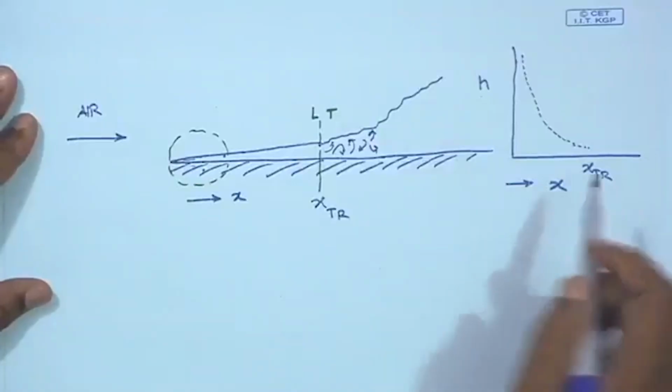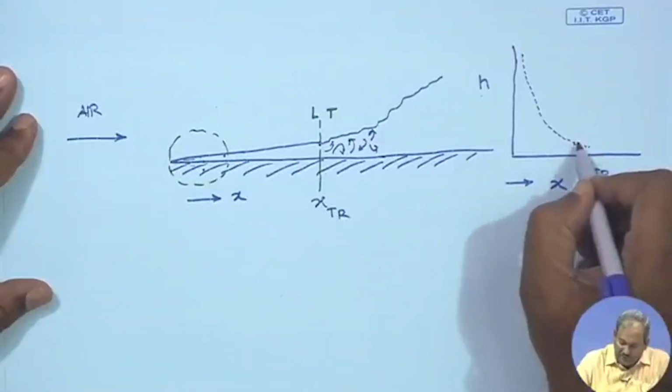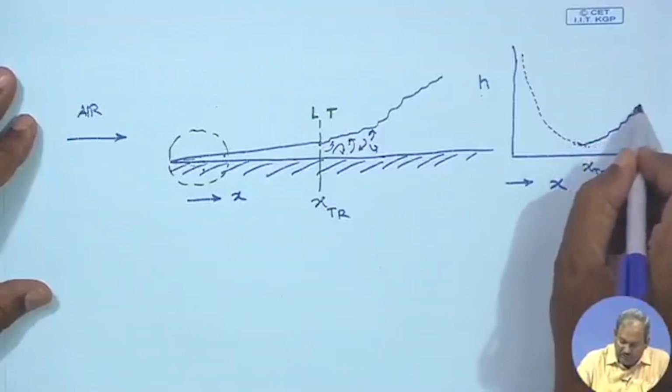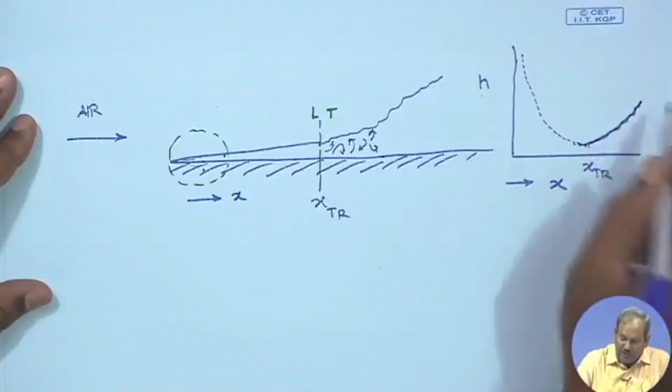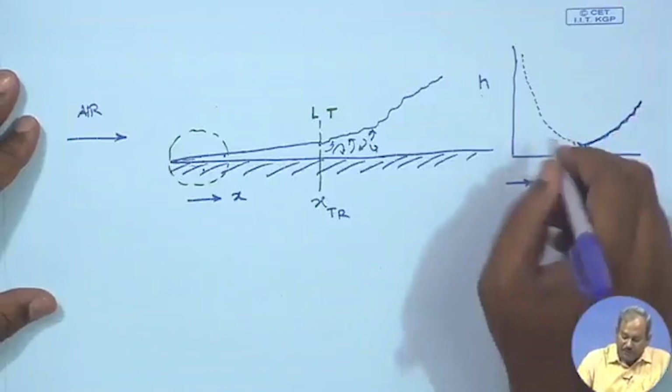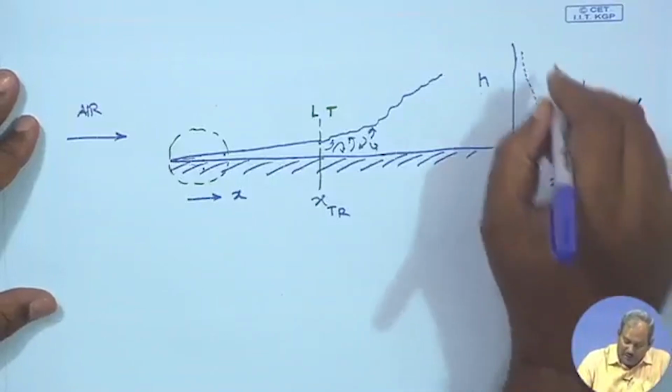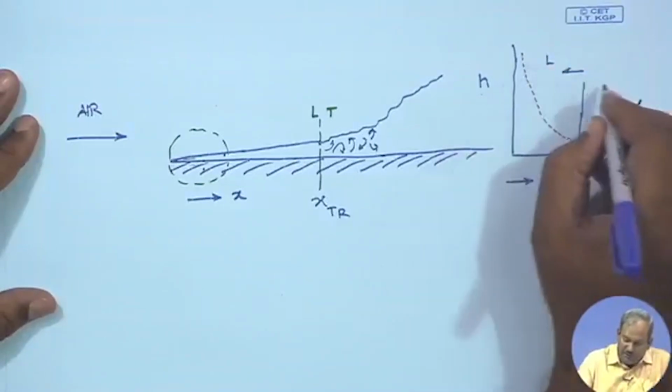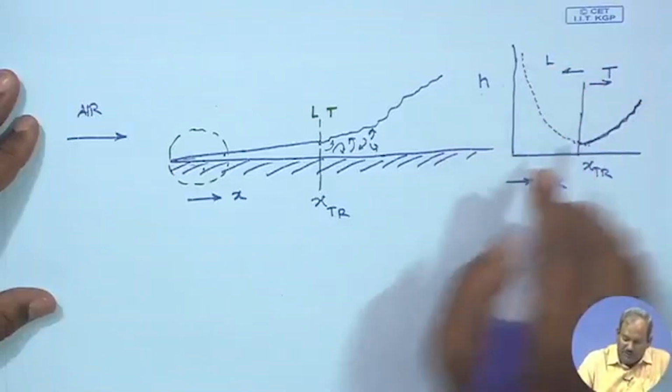Same with the hydrodynamic boundary layer or species boundary layer. So, in this figure, at the transition, the value of the heat transfer coefficient will increase again. Up to this point what you have is laminar flow, beyond this point is turbulent flow.